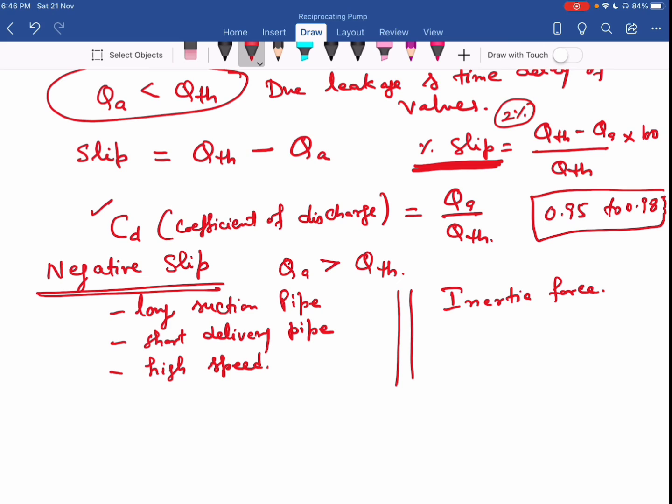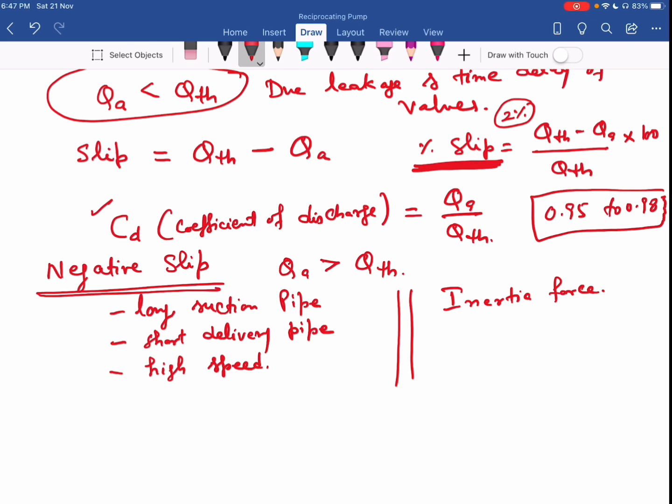The inertia force in the suction pipe becomes large as compared to the pressure force on the outside of the delivery valve. Due to this, my delivery valve opens before the piston has completed its suction stroke. So during the suction stroke, due to inertia force of water, my delivery valve opens.